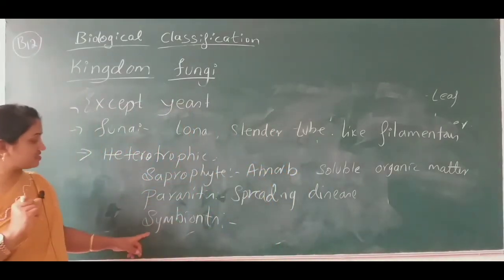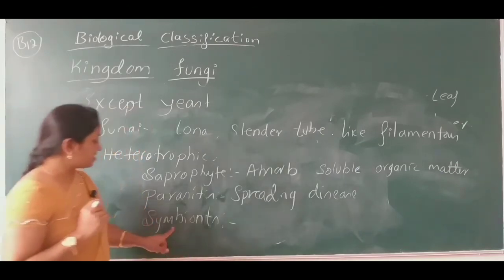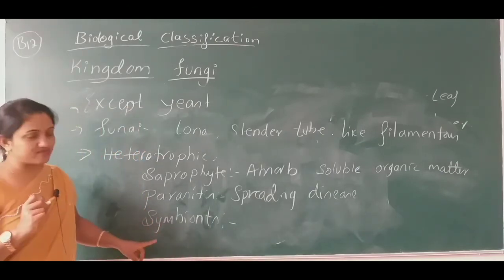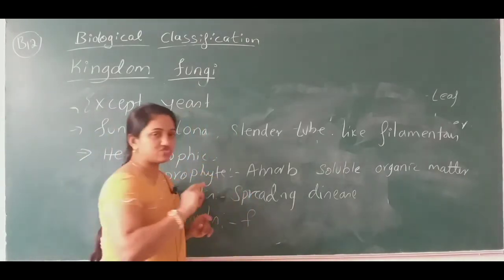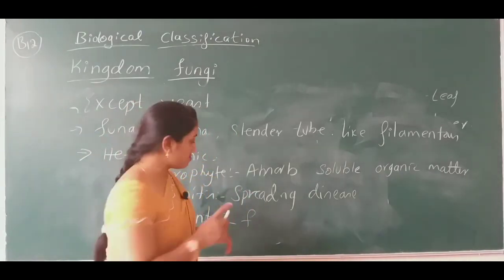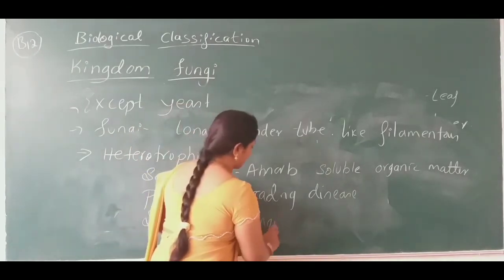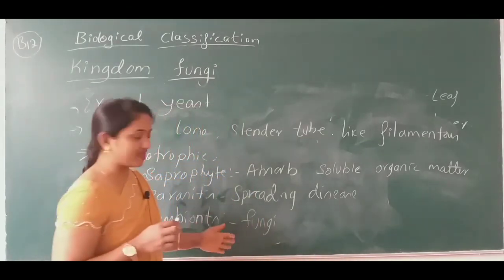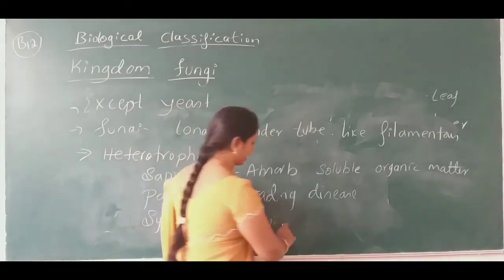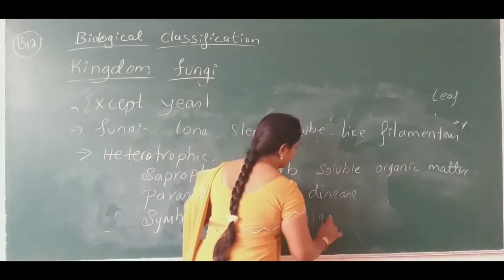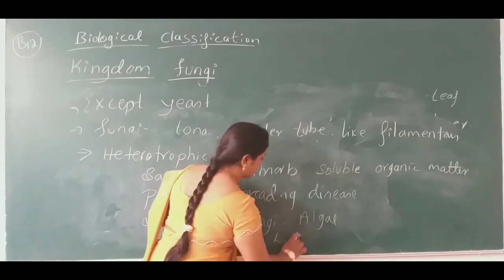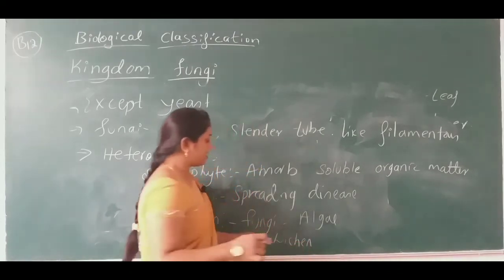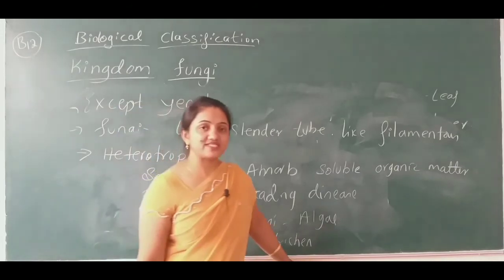The same thing is going to happen in this classification. Symbionts is nothing but mutual understanding. Some of the fungi make a mutual understanding with algae. Together they live in lichens. What is lichen?